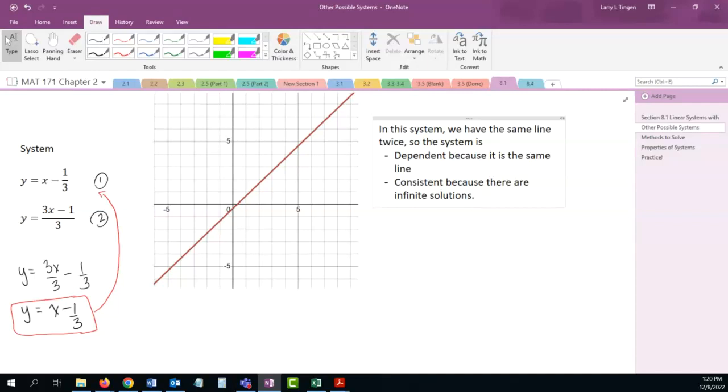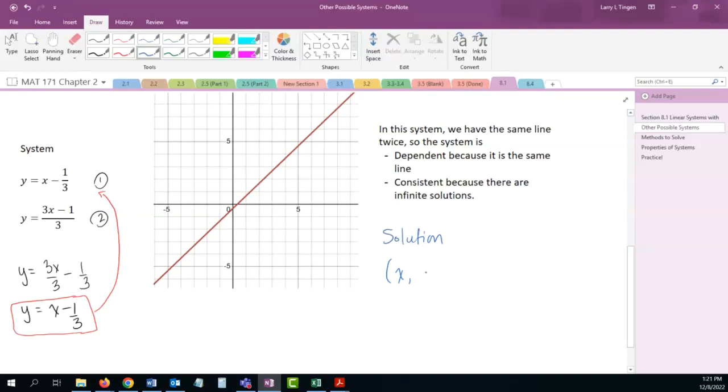Now, writing no solution and writing a single solution is fine. How do you write an infinite solution? So how do you write this? The solution for this, remember we said it's an ordered pair? Well, it is.